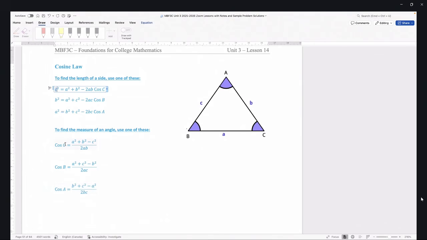So the cosine of the angle and the side we're working with only occur once. There's cosine C, there's side c, and then there's side a squared, side b squared over 2ab. So these two are paired with the 2: a squared plus b squared, 2ab; a squared plus c squared, 2ac; b squared plus c squared, 2bc.